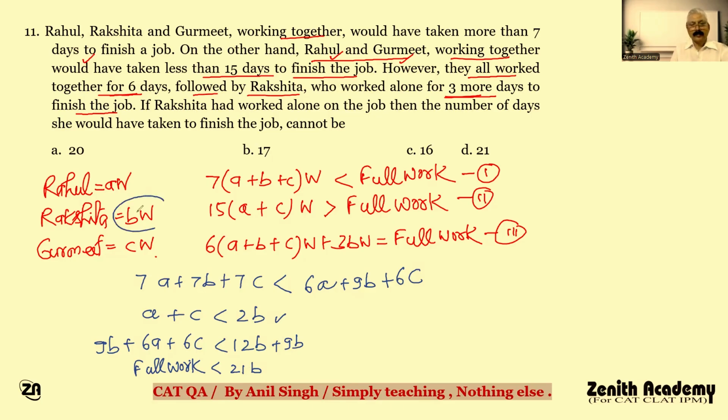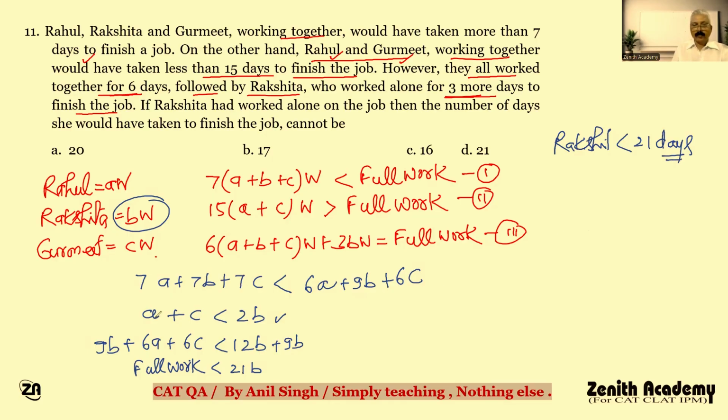Means Rakshita. So Rakshita's 21 days work is greater than full work. So it suggests that Rakshita will take less than 21 days to finish the whole work.